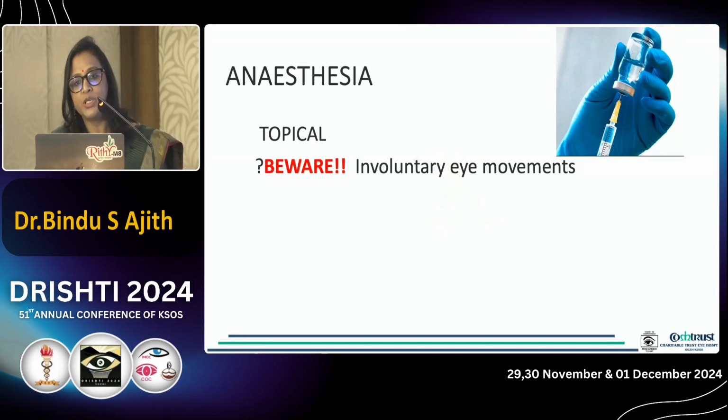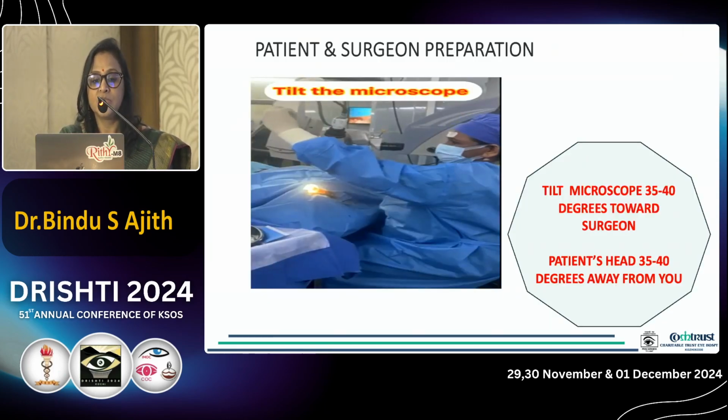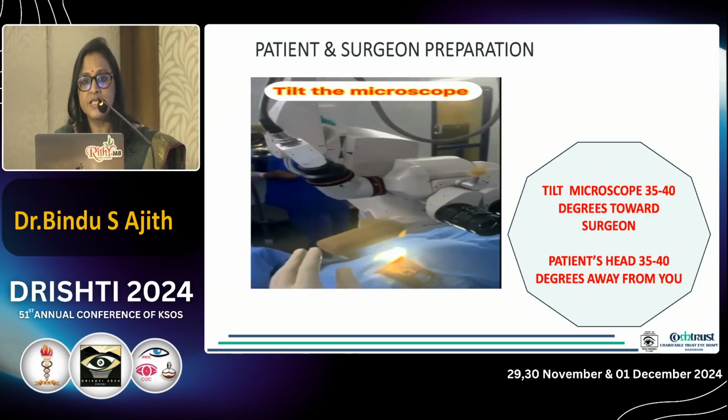And then, do we do it under topical or block anesthesia? You could do topical, but only in the early stages at least. You can do it under block because even small involuntary eye movements can end up in complications. The first and foremost is how to prepare your microscope and your seating arrangements.